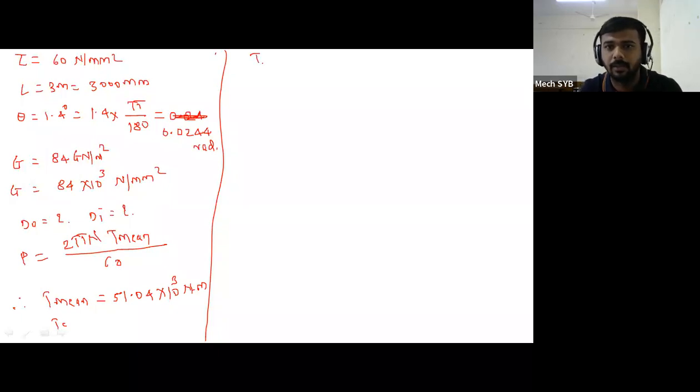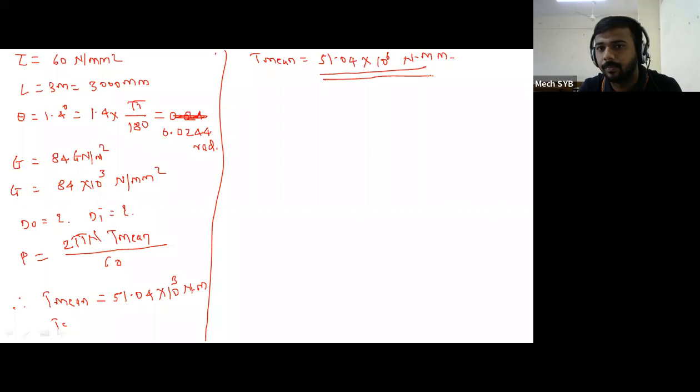51.04 into 10 raised to 3 Newton meter. This is in Newton meter. Again multiply by 10 raised to 3, that is, it becomes 10 raised to 6 Newton mm. Do your calculations and send me your answers in the chat box.